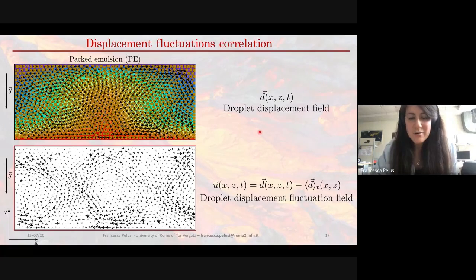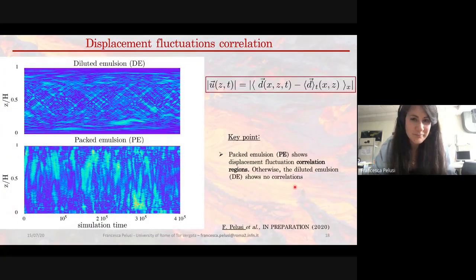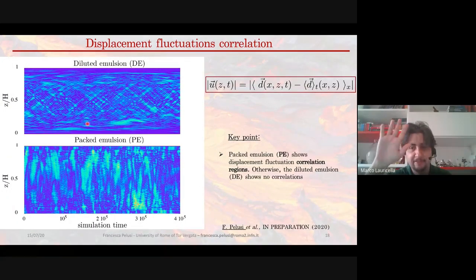So we look also at the droplet displacement field here for each droplet, and we computed also the droplet displacement fluctuations, meaning how much they move in comparison to the average dynamics of the droplets. We do this to select the extreme events that give a contribution to the maximum of the heat transfer or to the minimum. Francesca, sorry, 5 minutes.